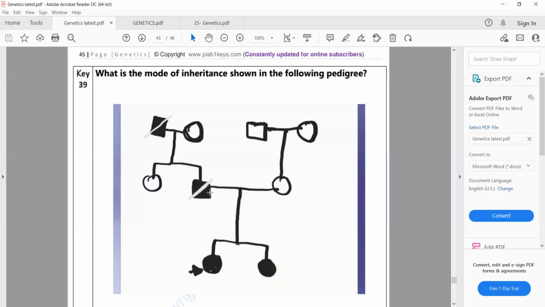So he needs two abnormal genes to have the disease, but he will get one normal gene from the mother. So if it were autosomal recessive, this person should not have the disease. So we can say that this is not an autosomal recessive pattern, but an autosomal dominant pattern.